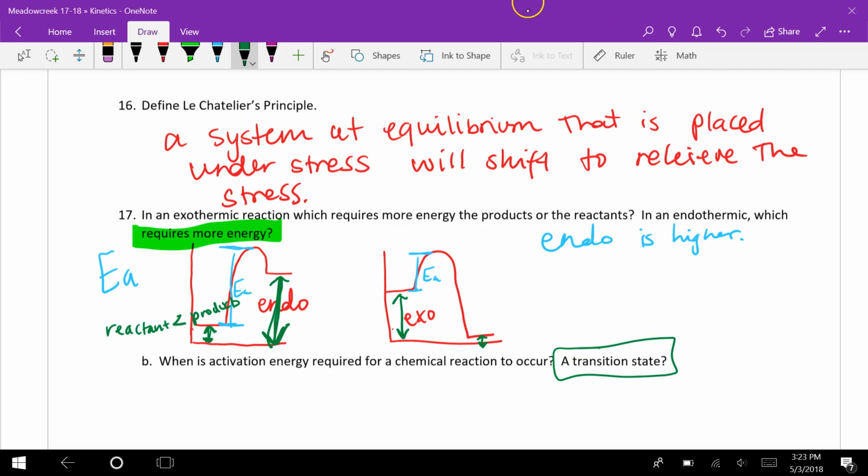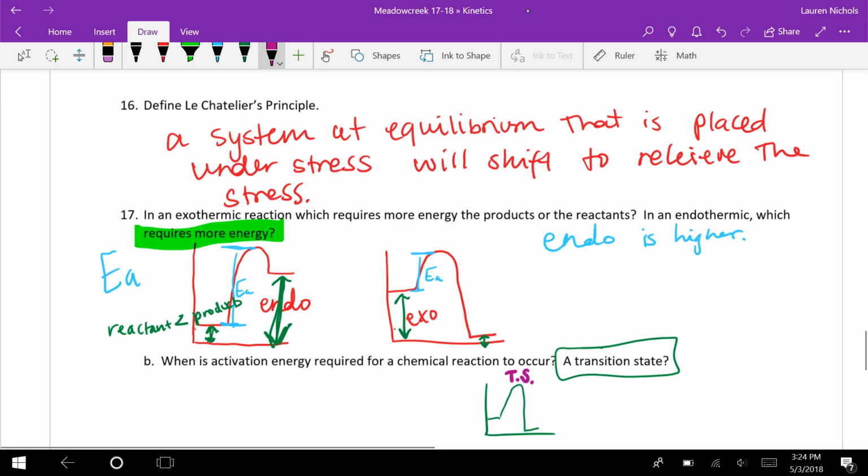It's at the top of the hill, right? So on a potential energy diagram, the transition state will occur right up here at the top. And activation energy is required for all chemical reactions. It's got to be initial. It's got to be put into it from the beginning.